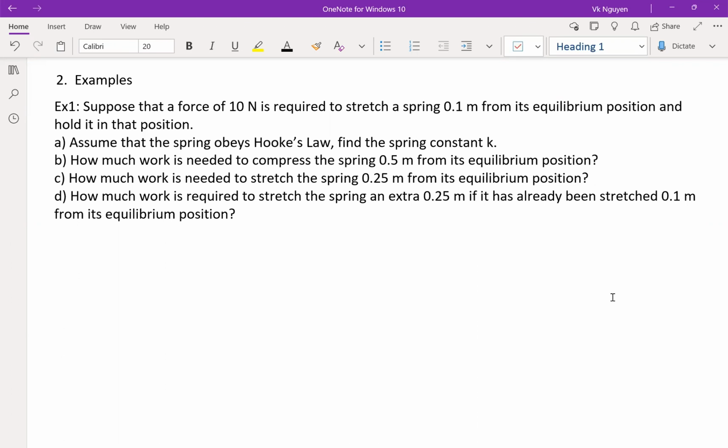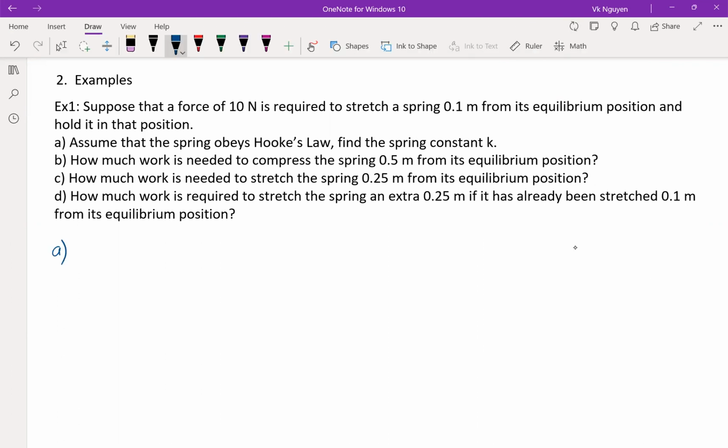C. How much work is required to stretch the spring 0.25 meter from its equilibrium position? D. How much work is required to stretch the spring an extra 0.25 meter if it has already been stretched 0.1 meter from its equilibrium position?